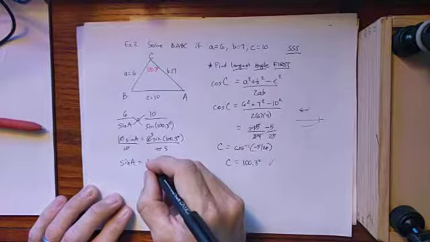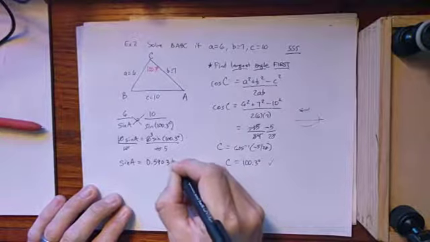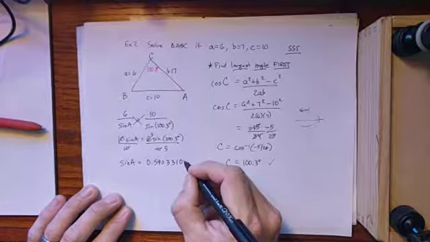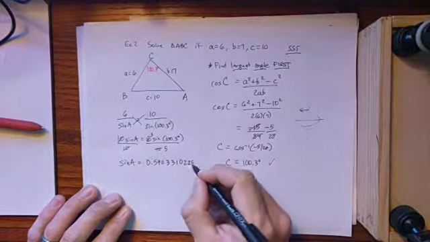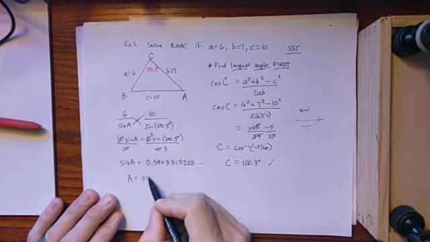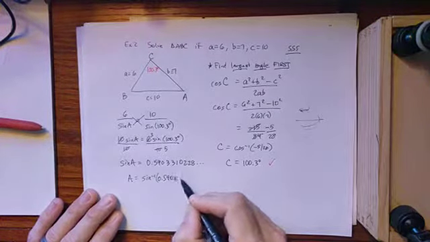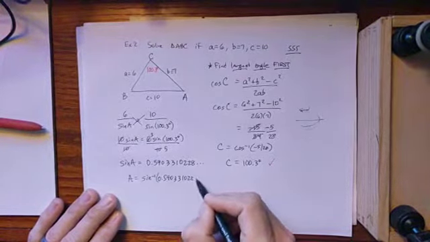Okay, and my calculator says that this is 0.590 and more numbers, right? Okay, so the value of A is the inverse sine of that number sitting in my calculator, right?